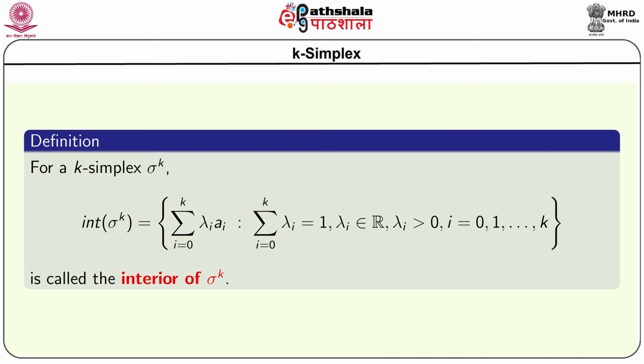So, if we take a 2-simplex, the geometry of a 2-simplex is a triangle, and interior of a 2-simplex will be the interior of the triangle, not touching the boundary.